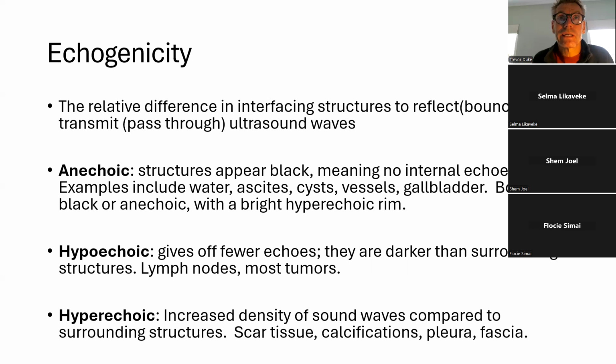It's a bit like on a plain X-ray, where you only get images where you've got an air-solid interface. What makes the opacity on a chest X-ray is the air-solid interface, and on an ultrasound, the images are made by the differences in the degree to which ultrasound waves pass through structures within the tissues you're scanning, or bounce off them, relative to structures around them.